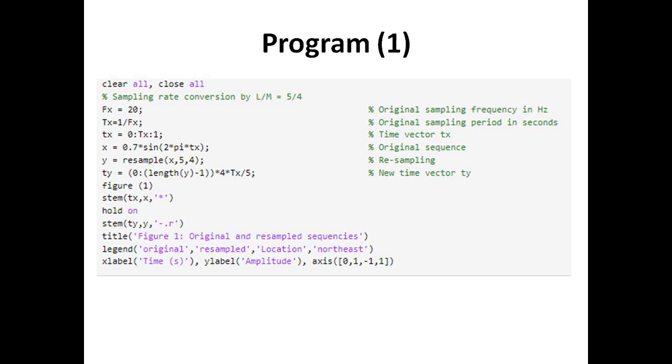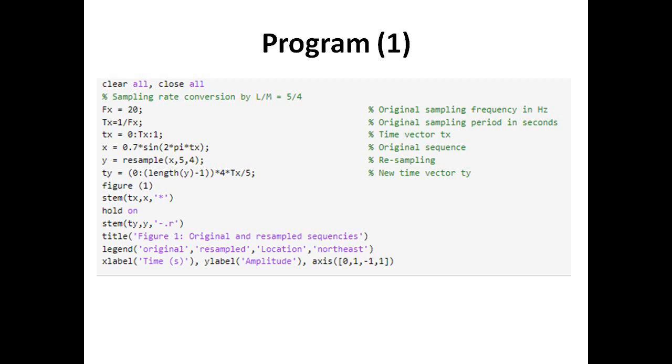And we have to plot a signal and then understand it: how are we going to find the rational factors, and how are they going to affect the sinusoidal input signal? To generate a sinusoidal input signal, I need to give a frequency. I have given the original sampling frequency as 20, and then I need to sample at regular time intervals.